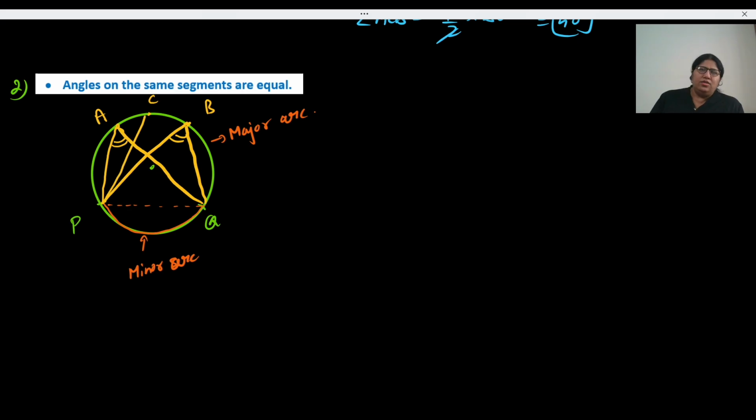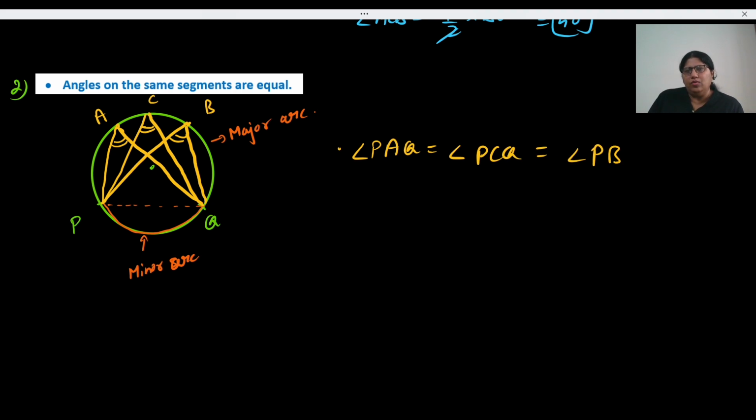So if you take angle PCQ, this angle also will be equal, because all these three angles are on the same segment. So what can I write down here? Angle PAQ will be equal to angle PCQ, which will be equal to angle PBQ. It's called angle on the same segment.